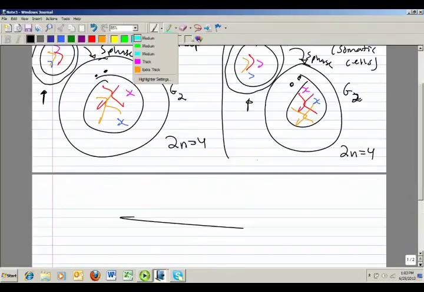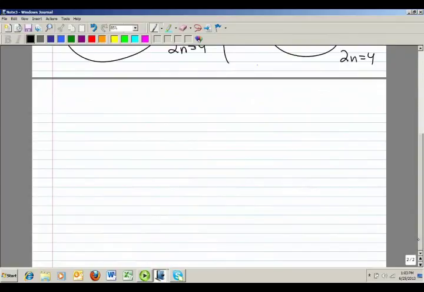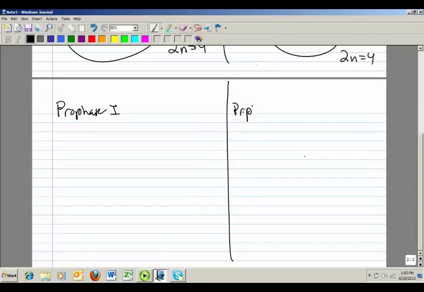The first stage of all these processes is prophase. In meiosis, we have 2 rounds of division. We call the first round 1 and the second round 2, Roman numerals. So prophase 1 is the first part you go through in meiosis, versus just plain old prophase of mitosis.